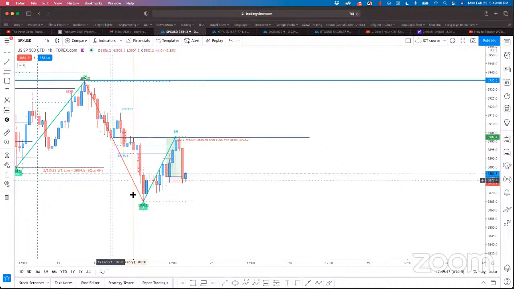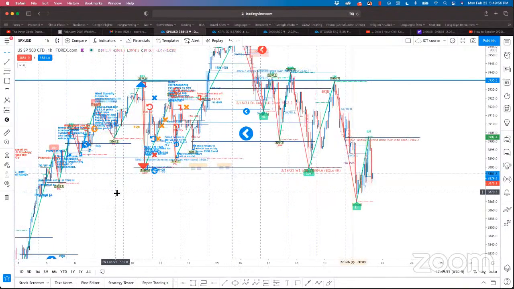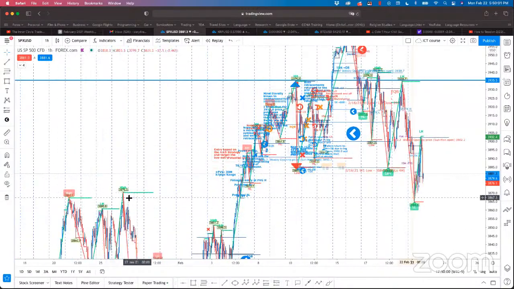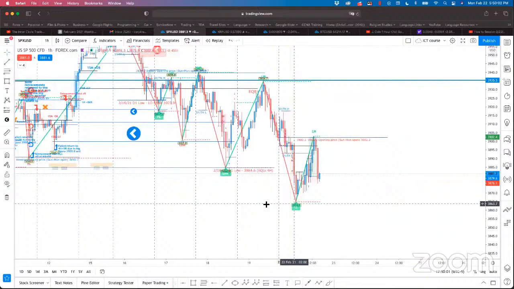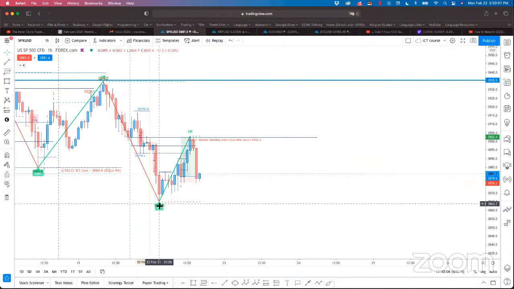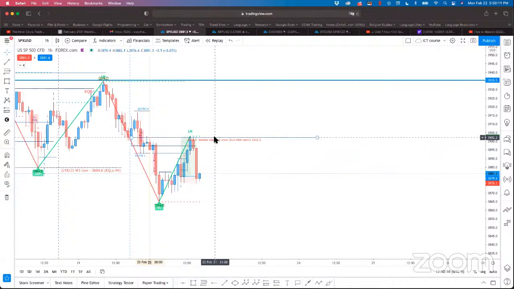It sold off. It cleared last week's lows right here, came back to a high from these weeks right here, and rejected those. And then what did the price do? It bought back up to the week's opening price.